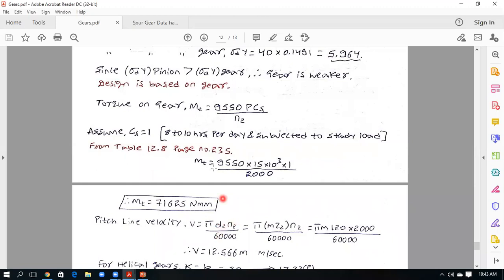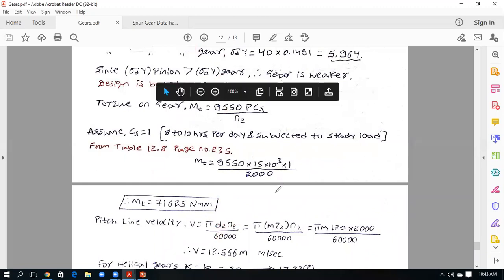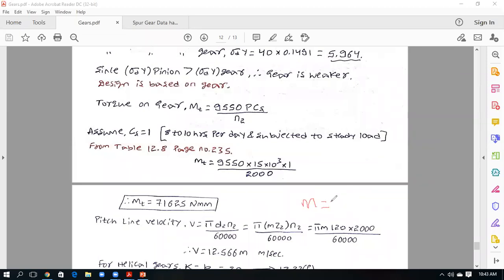We know that from the module, module m is nothing but d by z, diameter divided by the number of teeth. If you are designing for gear, it will be d2 by z2. Therefore d2 is equal to m into z2.